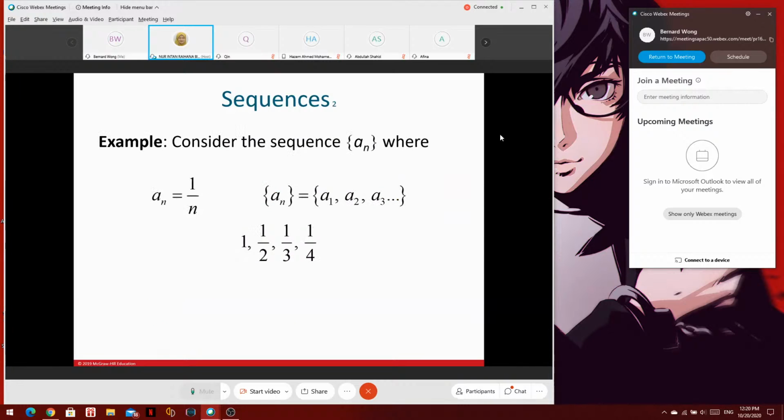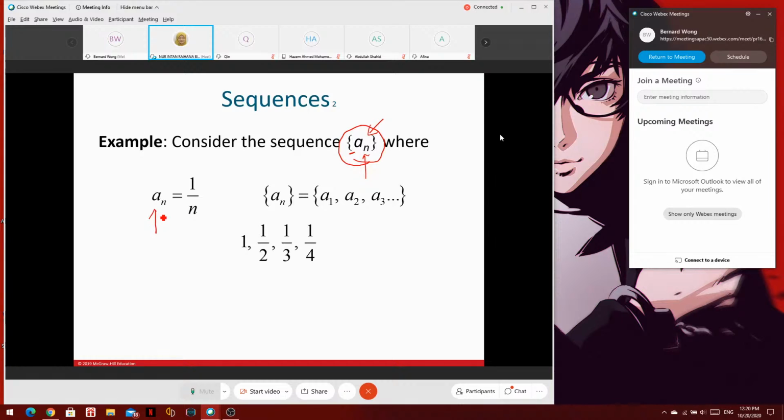Example: consider the sequence {a_n}, in the same style as when you write sets, with curly brackets where you list down the sequence terms, where a_n equals 1 divided by n.